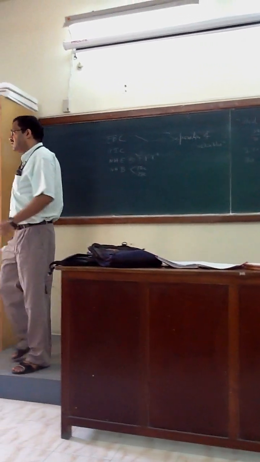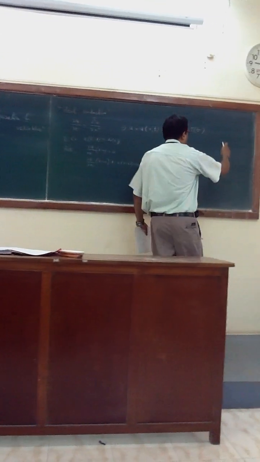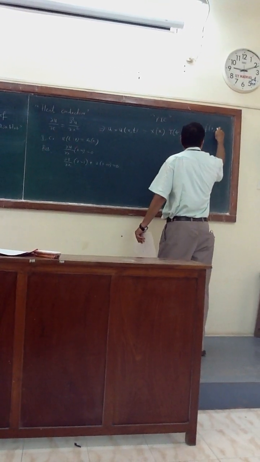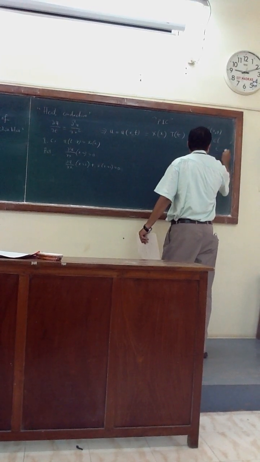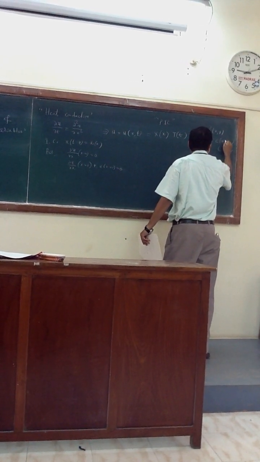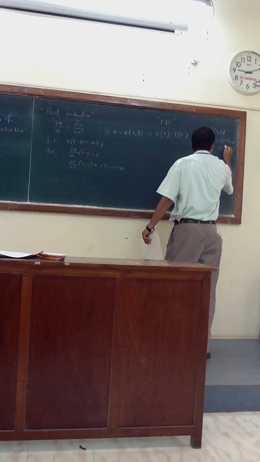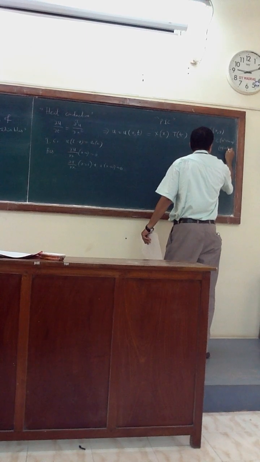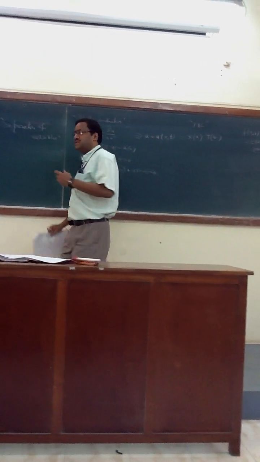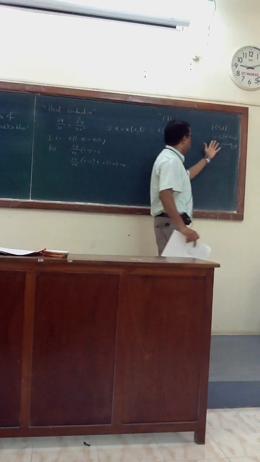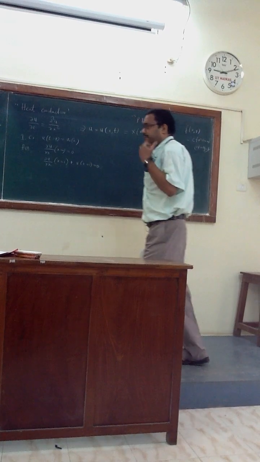For example, if I have a function f(x,y), I am writing this as some function of x times some function of y, say ax square plus bx plus c, and ey square plus dy plus f. So I am separating the function f(x,y): the function in the x direction separately, the function in the y direction separately.